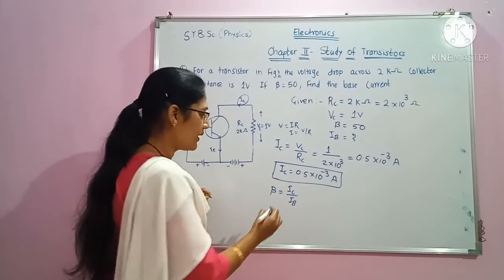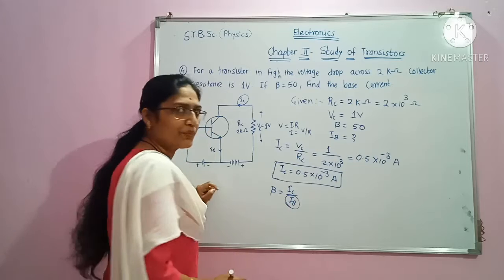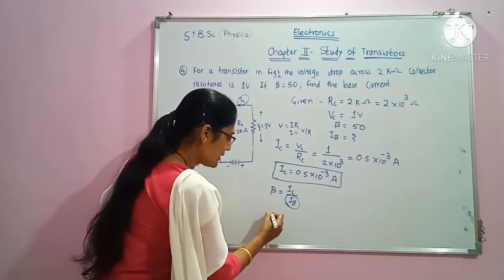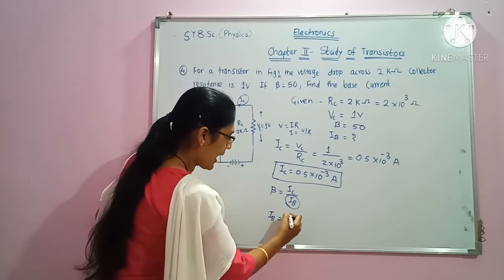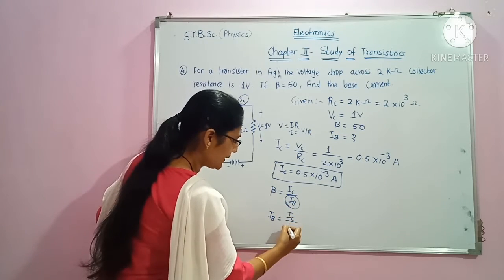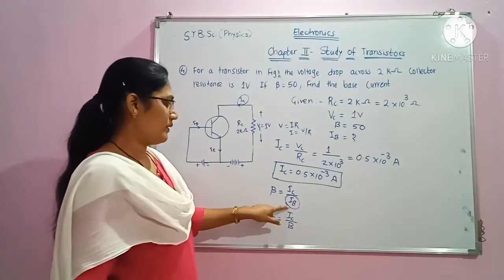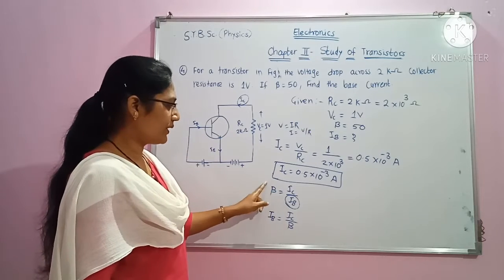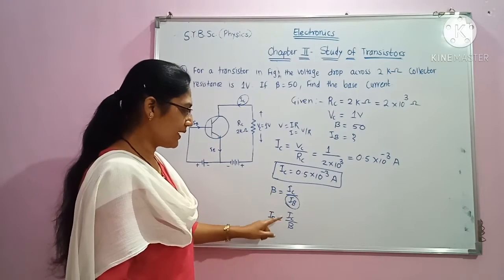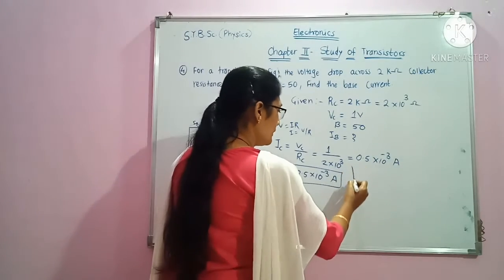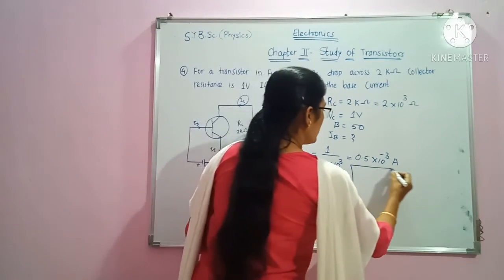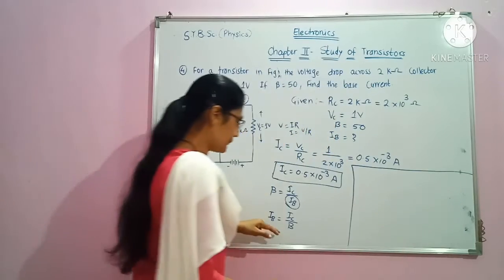Hence we want to find out the value of IB, so the value of IB is equal to IC upon beta. We will shift this IB here and take this beta here. IC upon beta.